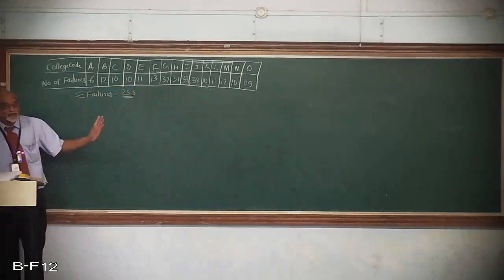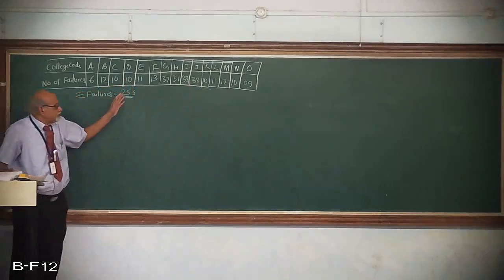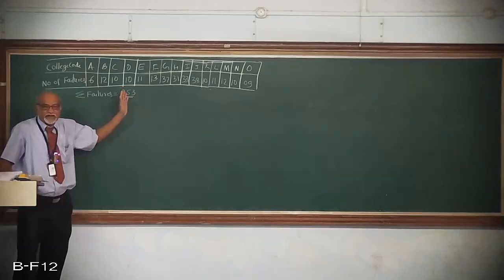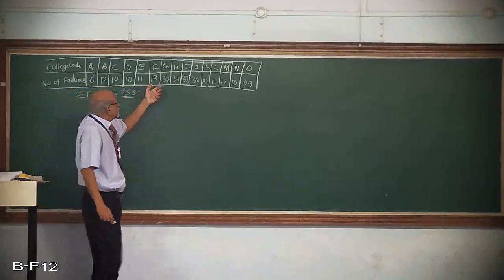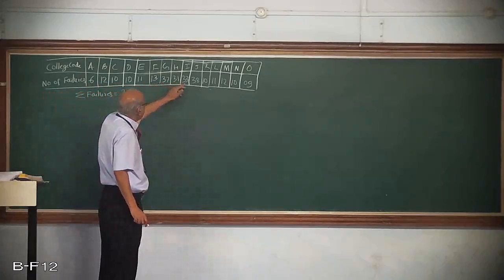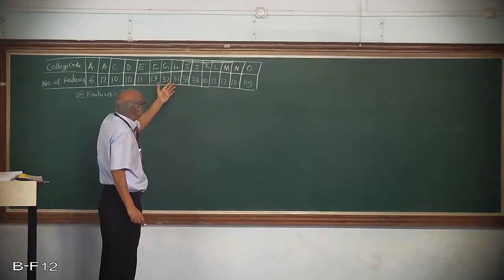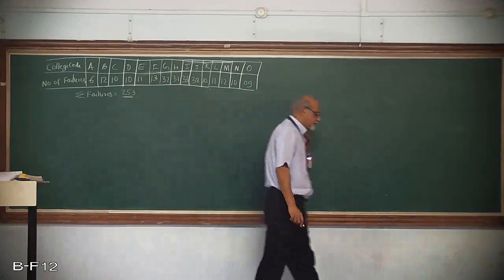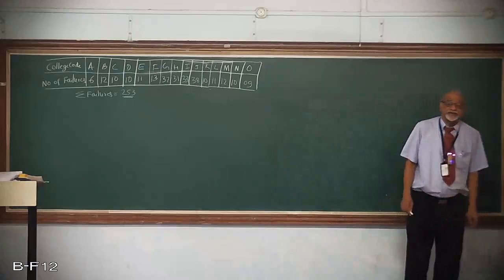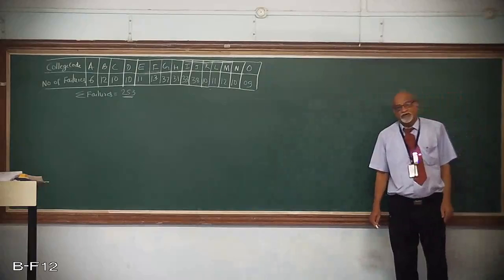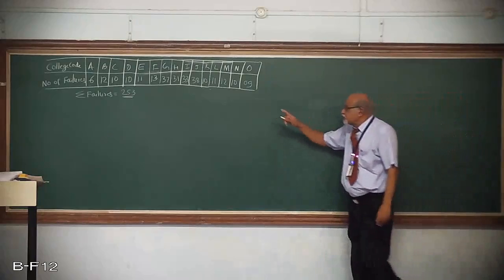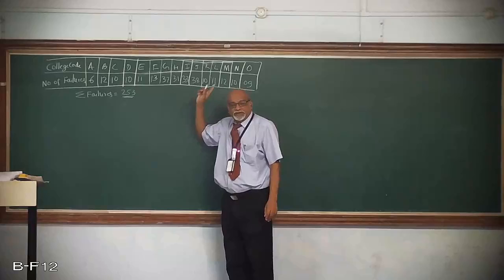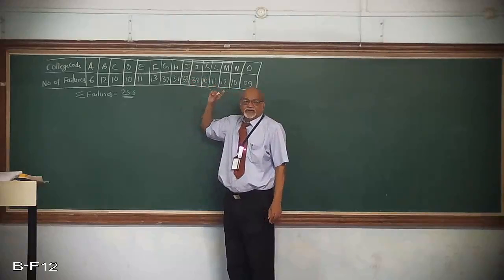That is what it tells at the outset. Total number of failures we are analyzing is 253. Out of this, only 4 colleges, G, H, I and J, together contribute 139. Out of 253, 139, nearly 60% is contributed only by these colleges. That means there is something wrong. That is what it says at the outset.